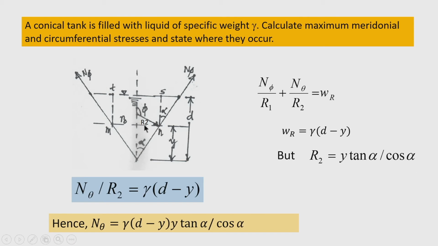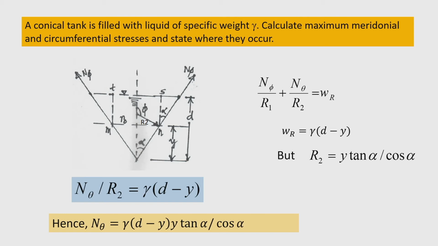So, y tan alpha divided by cos alpha will be your r 2. So, second principal curvature r 2 is obtained like that. So, substituting this r 2 as y tan alpha by cos alpha, we now get n theta is equal to gamma into d minus y into y tan alpha by cos alpha. This is the stress in the circumferential direction.